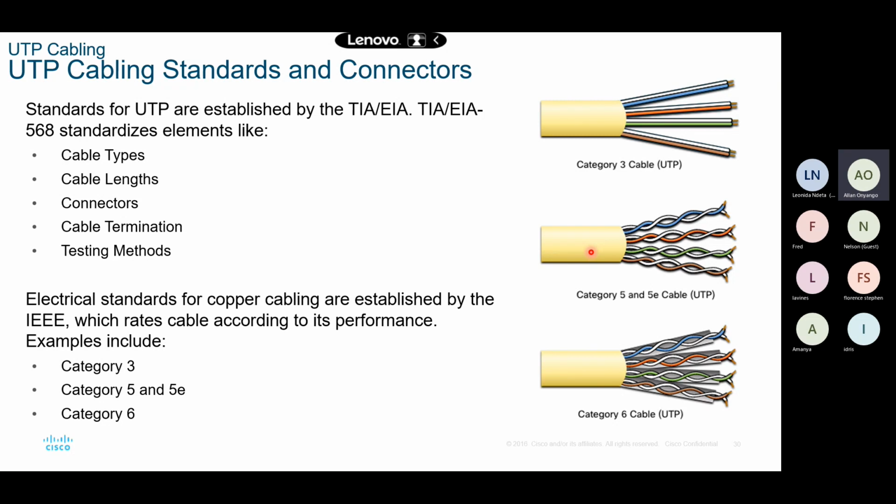Cat 5E goes up to about 1,000 Mbps. We have cat 6 and cat 6A, where cat 6 carries up to about, I think, 5 Gbps. And cat 6A carries up to about 10 Gbps. That is the speed that this type of categories of cables can support.